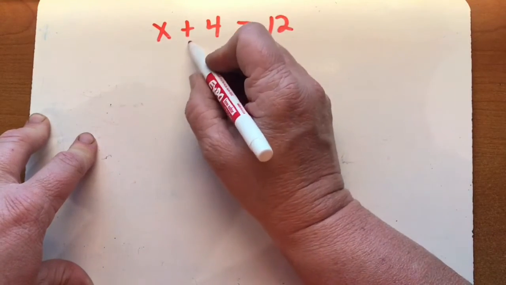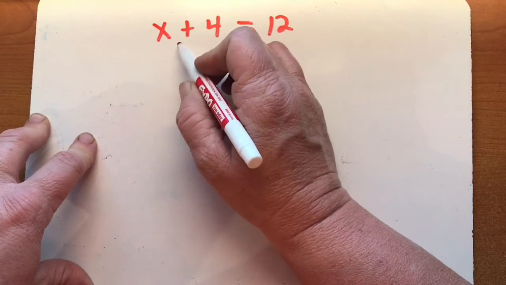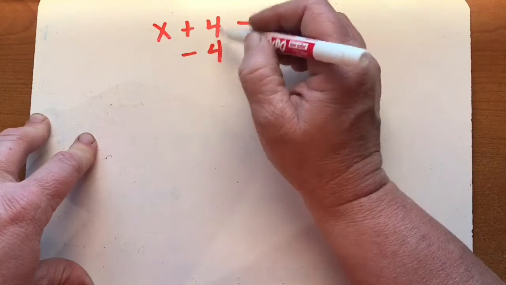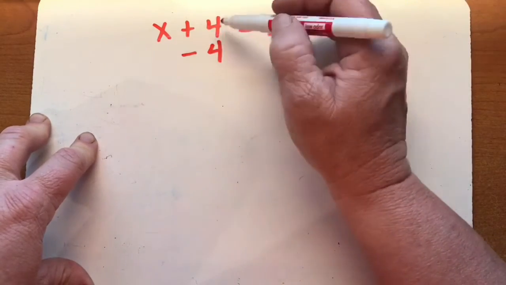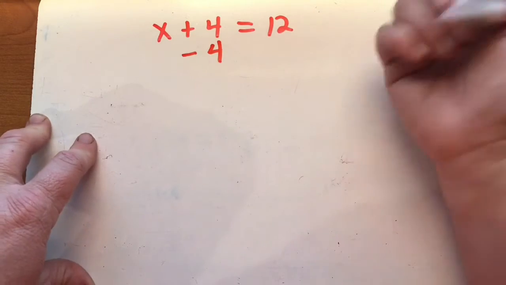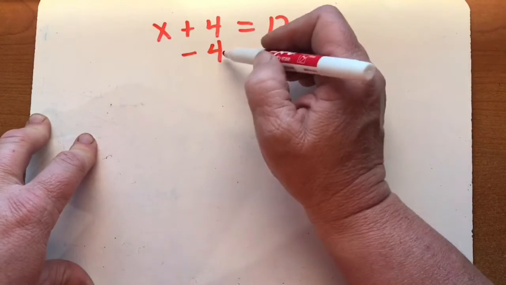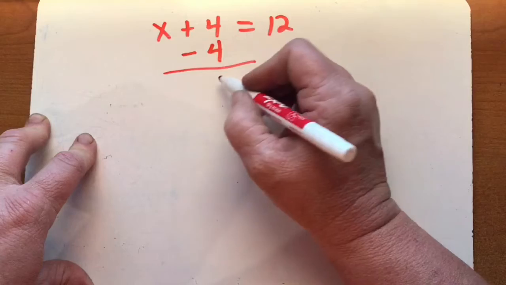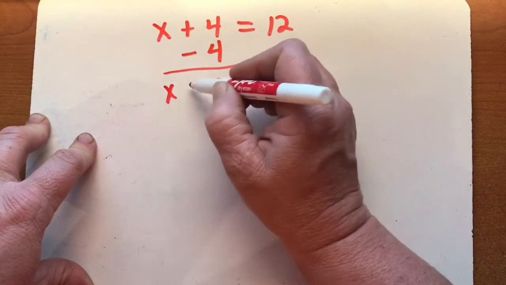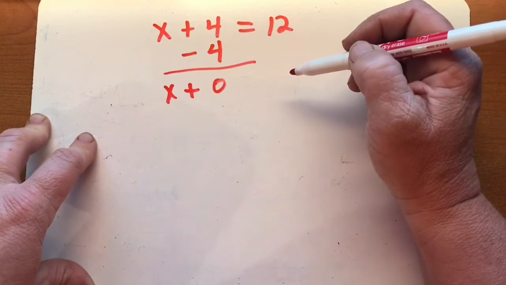So what is being done here is something is being added to x. So to undo, I'm going to do the opposite, which would mean I would subtract that same thing that is being added to that. I'm going to subtract that from itself. And so what happens when I do 4 minus 4? 4 minus 4 is 0. Okay, so that means that this side of the equation is really x plus 0 now.